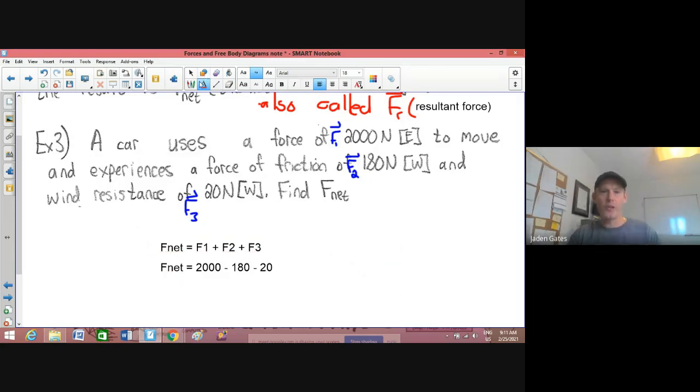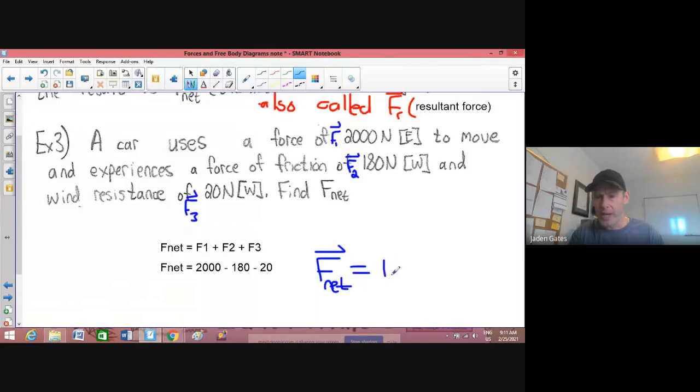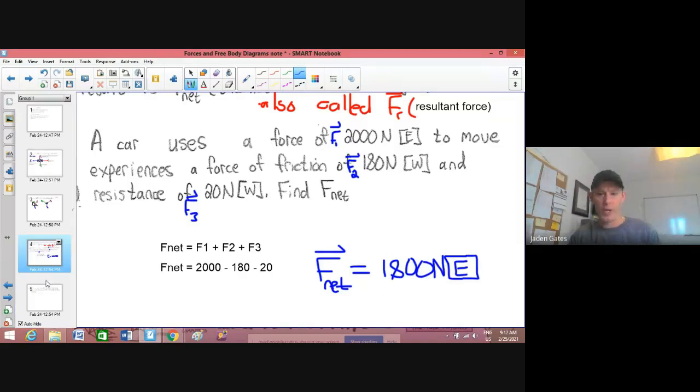And so now when I do a little bit of math here, my F net, again, is a vector because it has a magnitude and direction. 2,000 minus 180 minus 20, I believe I get 1,800 newtons. And because it's a positive number, I know the direction is east. All right, so again, just adding up vectors, same thing we've done before, but just a different scenario. Same process though.